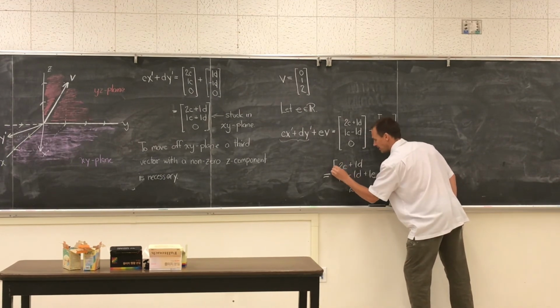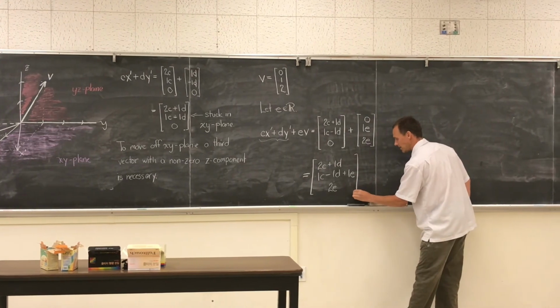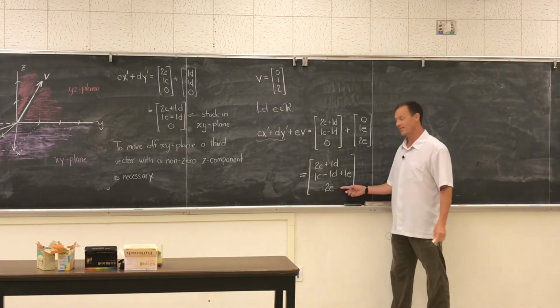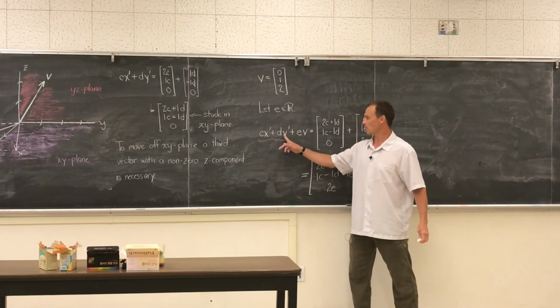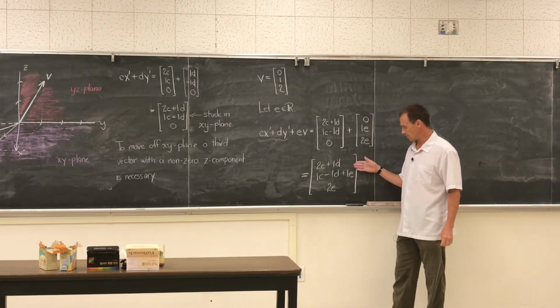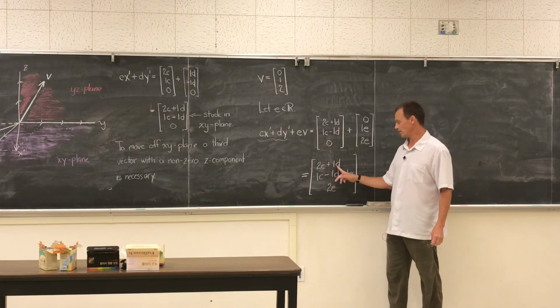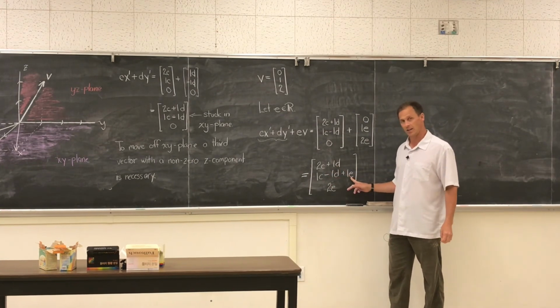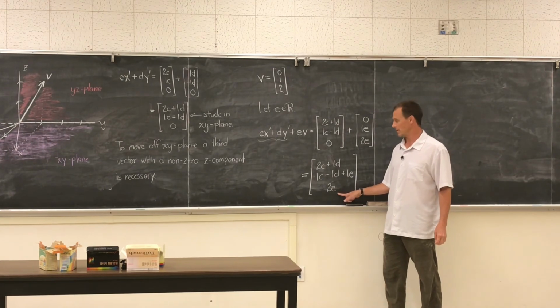And that's my linear combination. And what does this tell me? It tells me that based on the vectors x prime, y prime, and v, they form this linear combination. And all I have to do is change c, d, and e, and I can pick up any vector in R3.